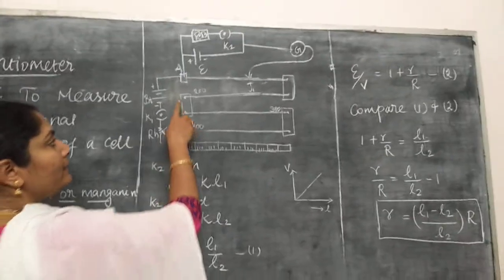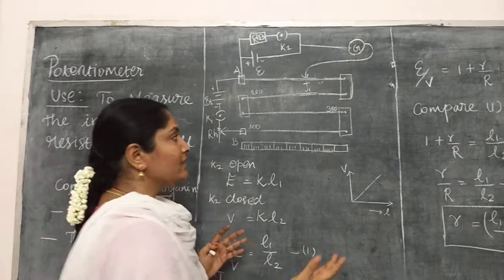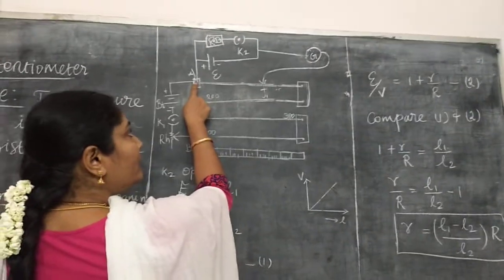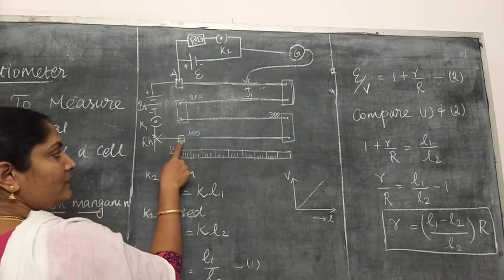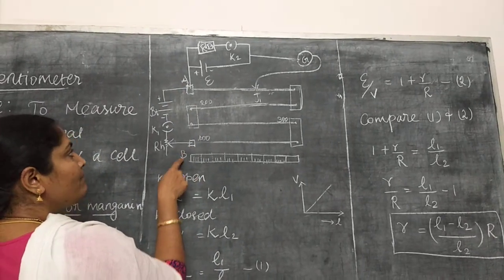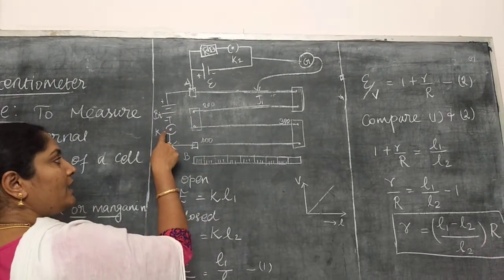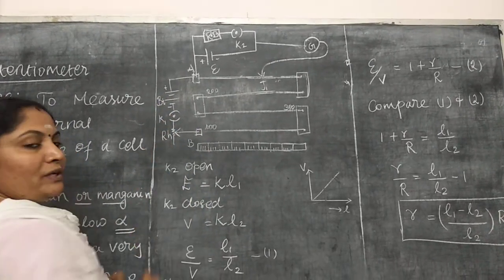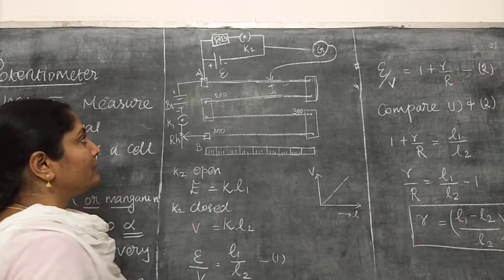Already I told you the potentiometer contains 4 meter to 10 meter long wire. The initial point of the potentiometer wire is taken as capital A and the final point is taken as capital B, and those two ends are connected with a battery, key K1 and rheostat, with which we can provide the constant current that will flow through the potentiometer wire.